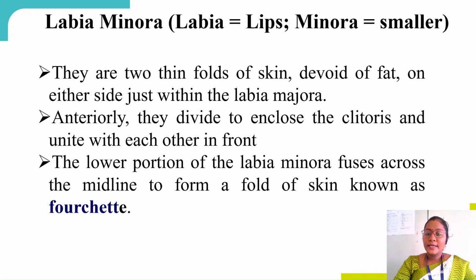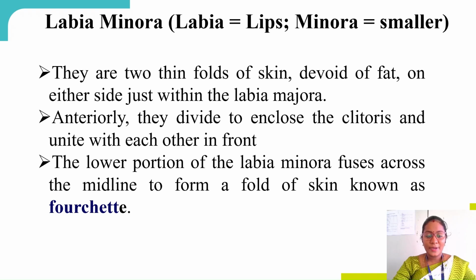Anteriorly they divide to enclose the clitoris and unite with each other in front. The lower portion of the labia minora fuses across the midline to form a fold of skin known as the fourchette. I will show it in the picture. The posterior commissure is part of the labia majora.